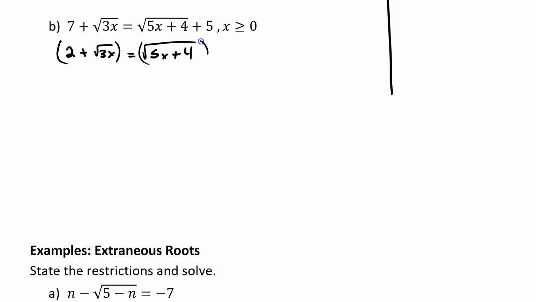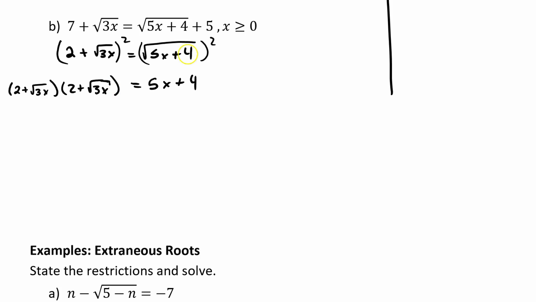Now in this case we are going to square both sides. One side is easier to square than the other though, because this one simply put is just 5x plus 4, whereas this one becomes a binomial that we need to distribute. So this is 2 plus root 3x times 2 plus root 3x. We've seen something like this before in the previous lesson.